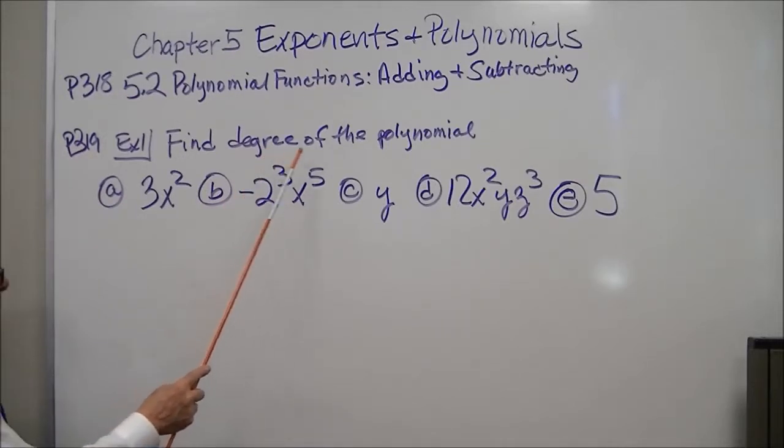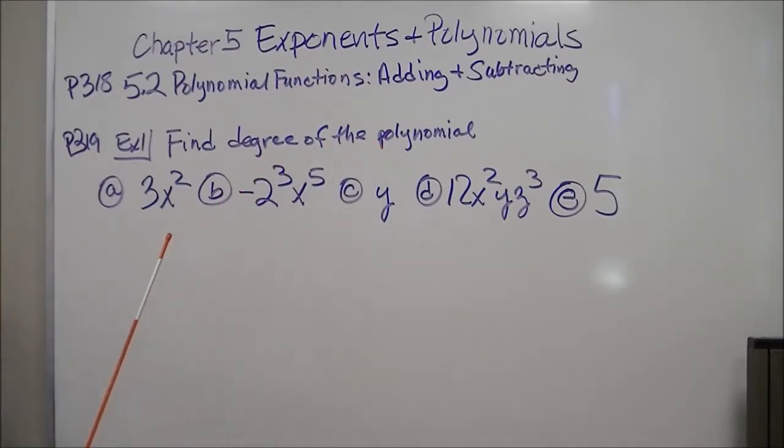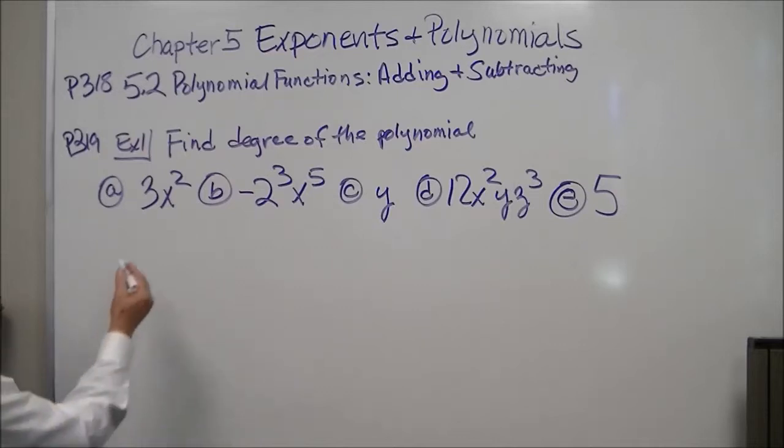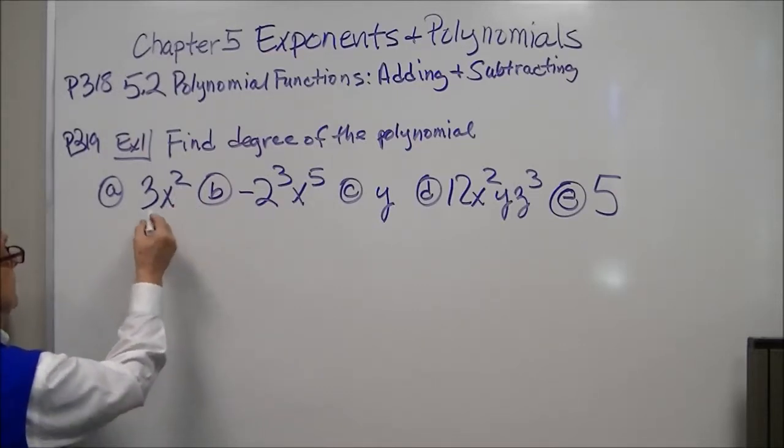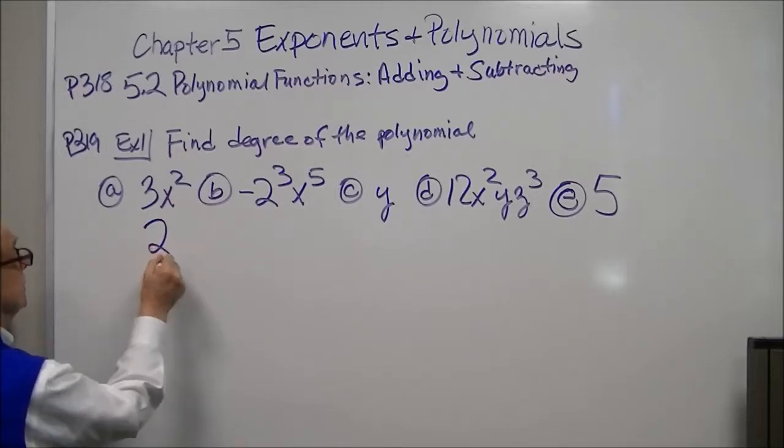That's what the degree of the polynomial is for individual terms. Now, when we get an expression, it changes just a little bit, but let's do the terms first. So here we see this is x to the second. That's all we have. So the degree of this one is 2.